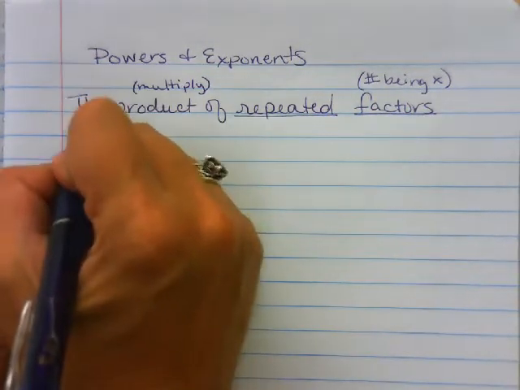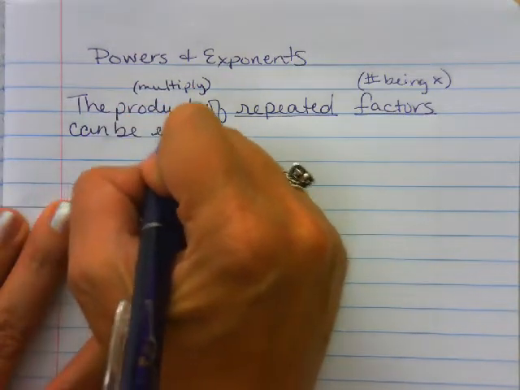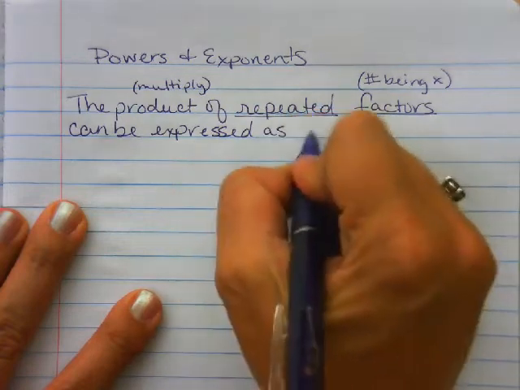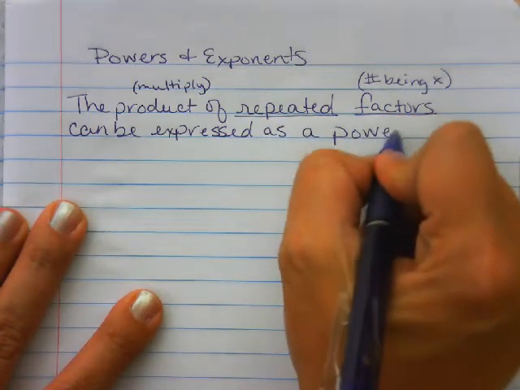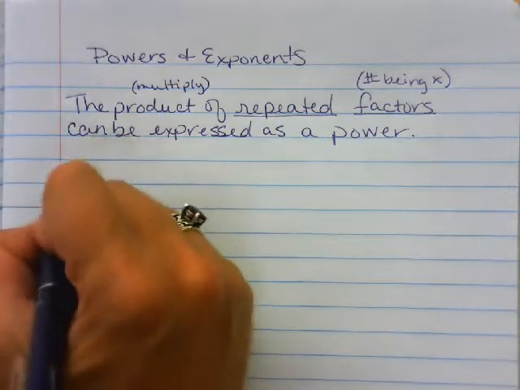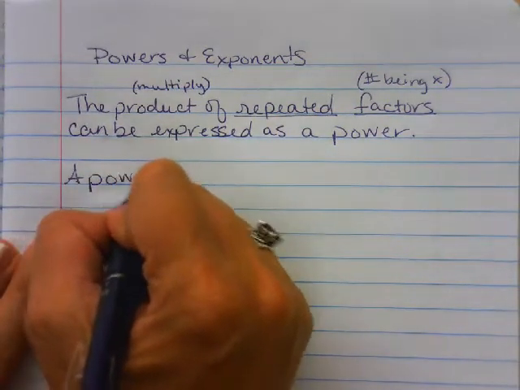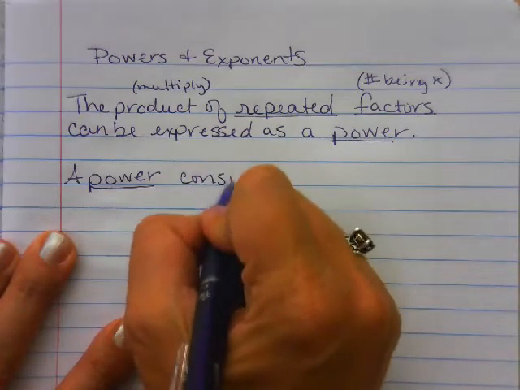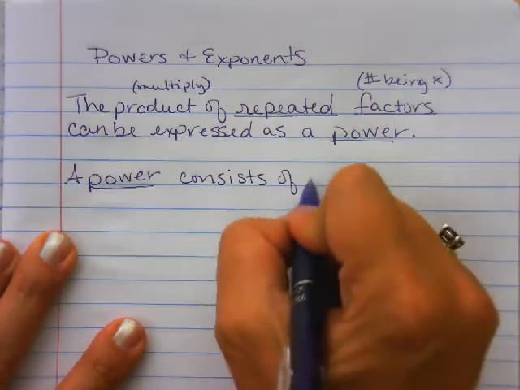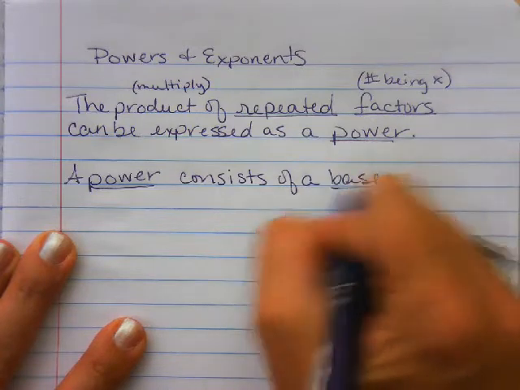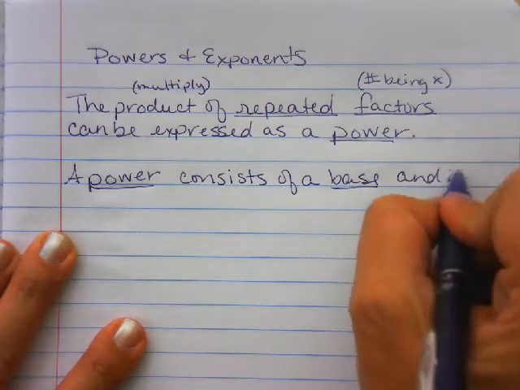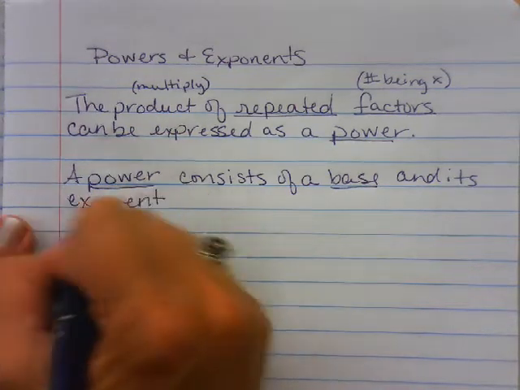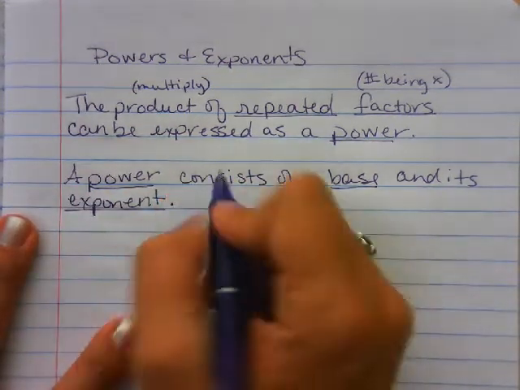A power consists of a base and its exponent. So it is the whole thing, and I'll draw you a picture in a minute.